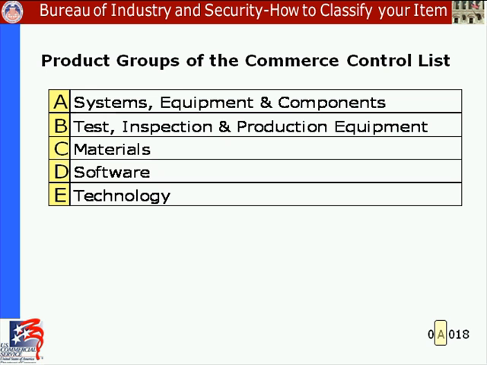Then the product group D is software. Any kind of software: use software, production software, development software. And this software could be in a high-level language, like C language. You can read that software. And the software could be in a low-level language, could be the machine language, 0 or 1, 0, 1, 0, 0, 1, 0, 1, 0, 1, 1, 0.